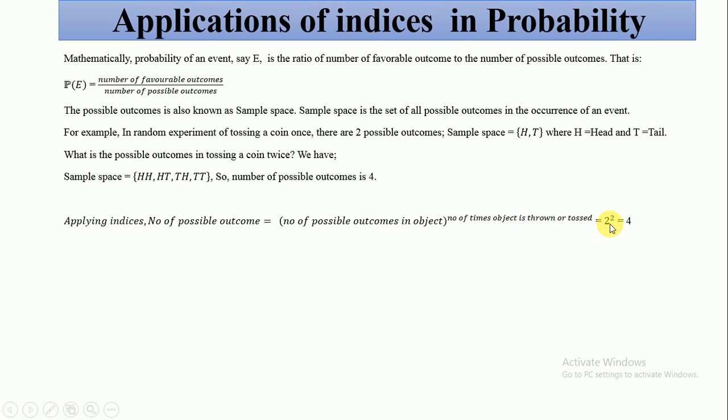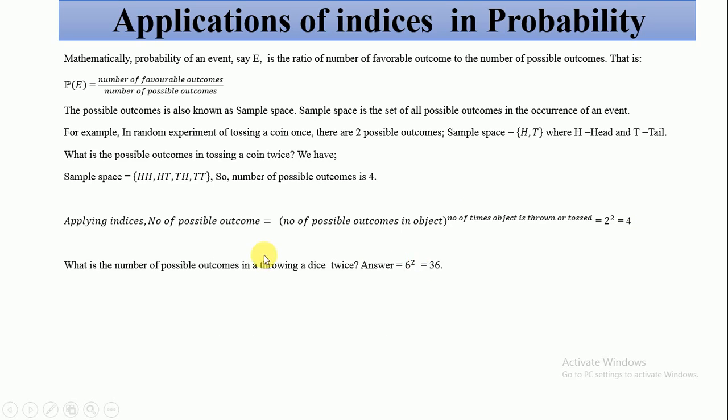This gives 2 raised to the power 2, which is 4, the same as the result we got by itemizing the members of the sample space. But using the formula, it works faster.